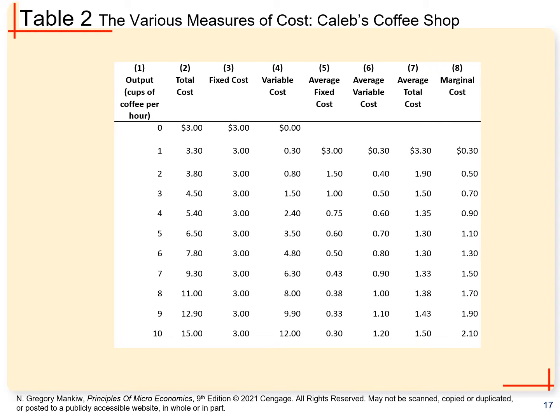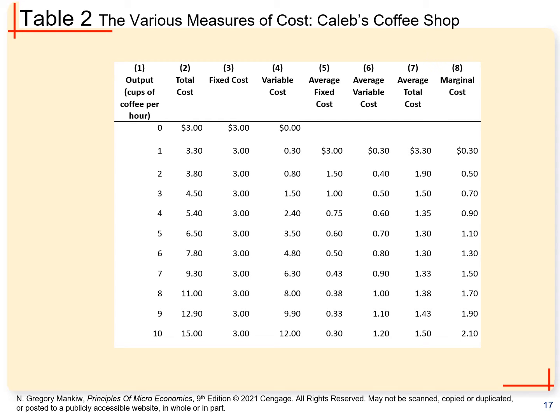This table here gives us various measures of cost, like for a coffee shop, Caleb's coffee shop. Column one shows the quantity of coffee produced and column two how much it cost him in total. Column three is the fixed cost, which is pretty much the same.